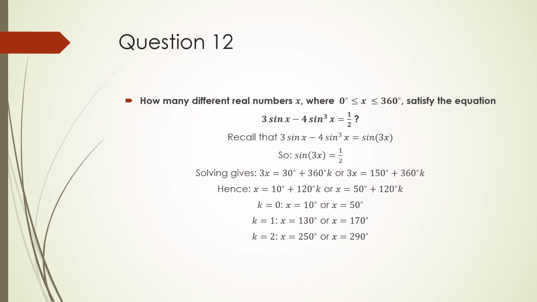And by subbing in a few values of k, we can find 6 values of x, where x is between 0 degrees and 360 degrees. And therefore, we get that the answer is there are 6 solutions in total.